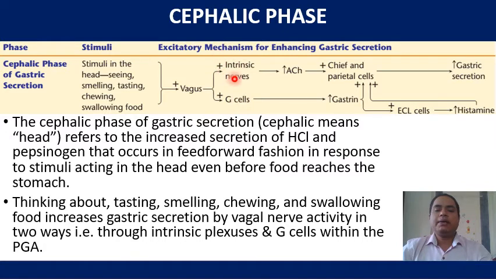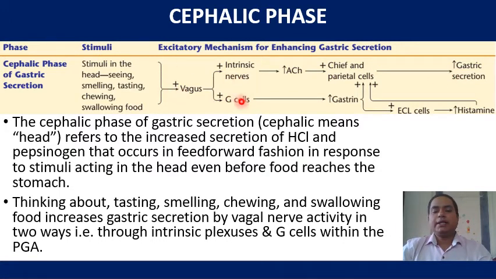So when the intrinsic nerves are stimulated, they release acetylcholine, and the acetylcholine stimulates the chief cell to produce the pepsinogen, and it also stimulates the parietal cell to produce the HCl.